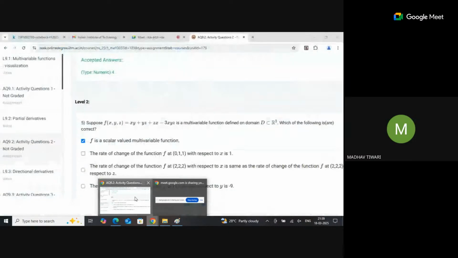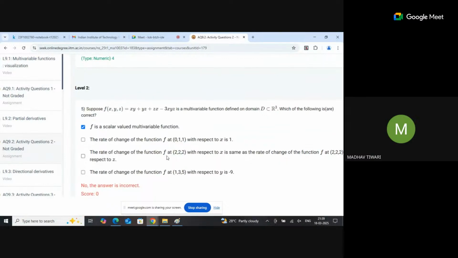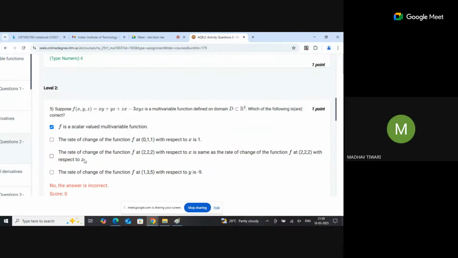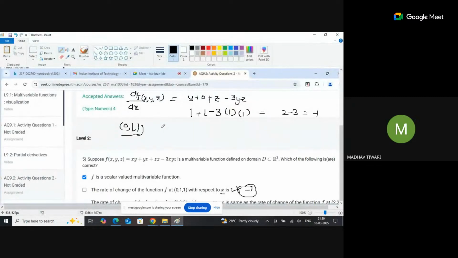Next, in the next option, it is saying that the rate of change of the function at 2, 2, 2 with respect to x is the same as the rate of change of f with respect to z. With respect to x I found this function. Now find df by dz. If I differentiate with respect to z, it will be 0, plus x, plus y, minus 3xy.